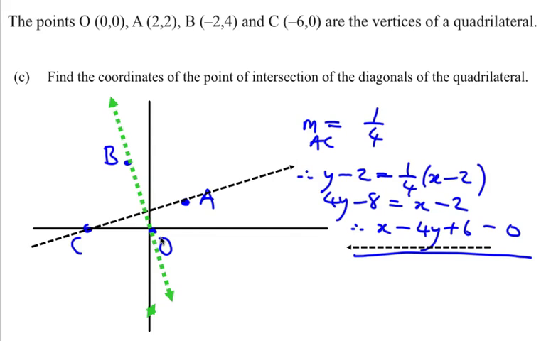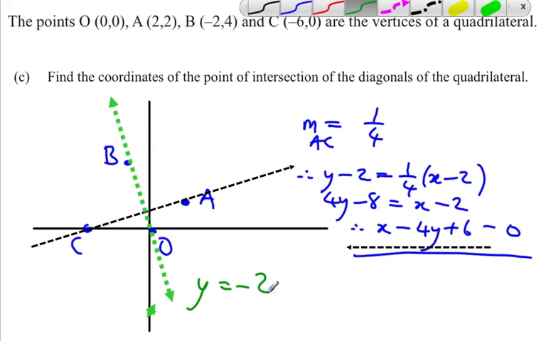The line OB, because it passes through the origin, is going to be y equals something x. All we need to work out is the gradient. Looking at the point negative 2, 4, the gradient is negative 4 over 2, which is negative 2. So straight away, without any real working, the equation of the green line must be that. From elementary year 10 or year 11 graphing, a line that goes through the origin has no plus anything on the end. It's just the gradient with an x.